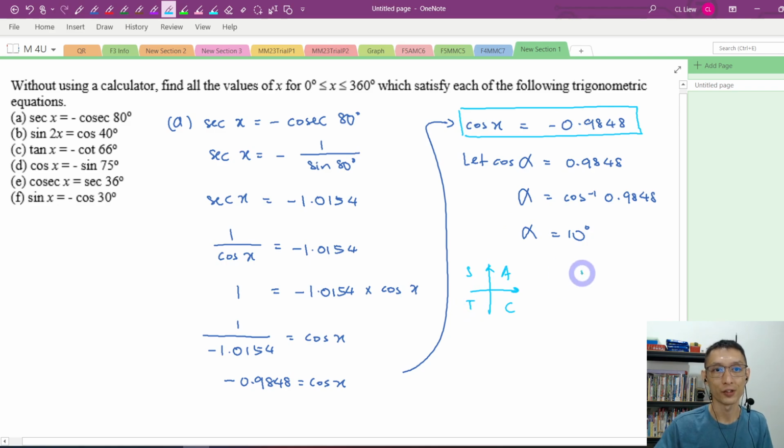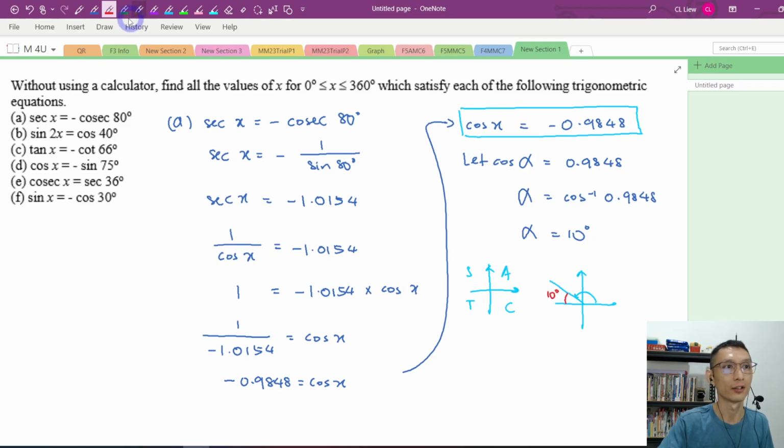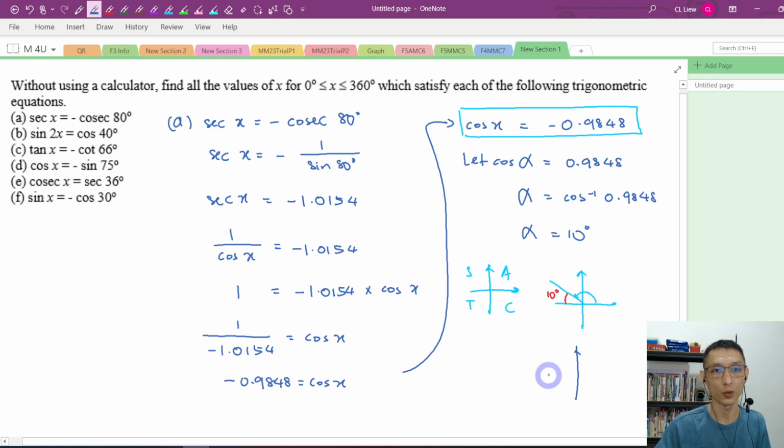For the second quadrant, the angle is over here. Where's the reference angle of 10 degrees? It is over here. Besides the second quadrant, it can be in the third quadrant as well. Going down here, the 10 degrees is over here.